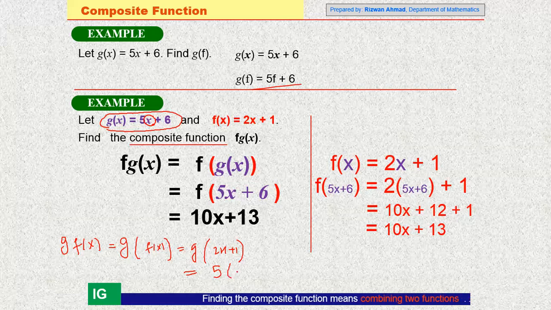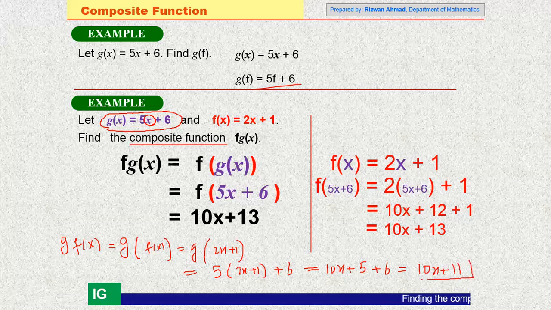It becomes 5 into 2x plus 1, and then plus 6. Simplifying, it is 10x plus 5 and then plus 6, so this is 10x plus 11. See, it's different from this one. That's why generally we say that f of g of x is not equal to g of f of x. In some cases they are equal, but mostly they are not equal.